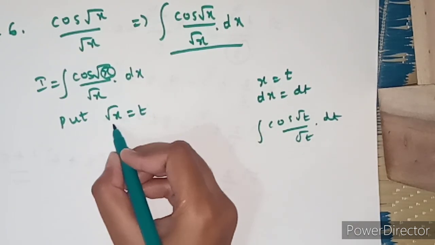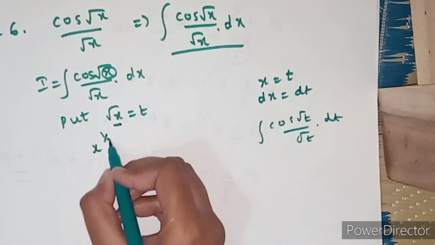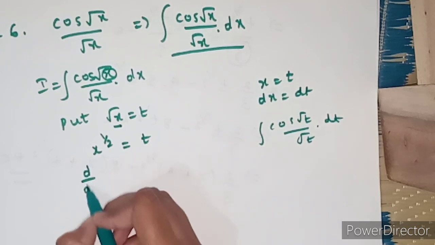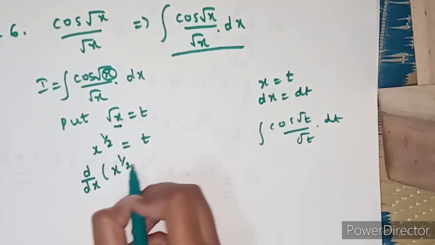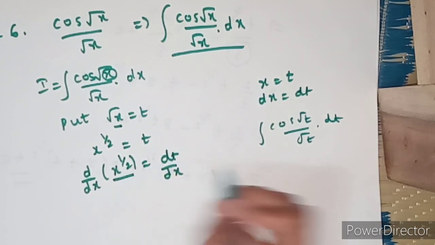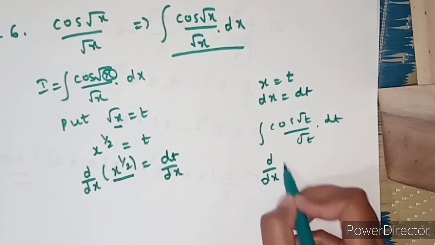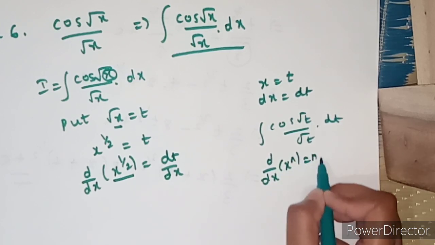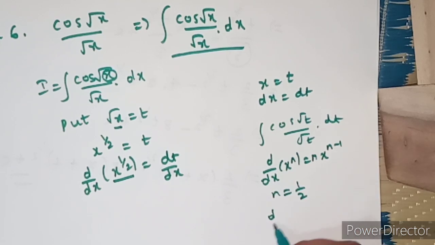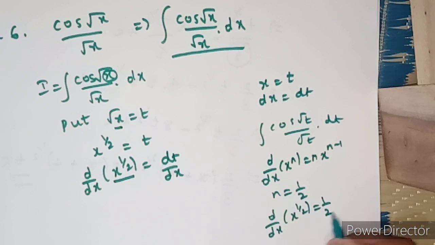Now this root x can also be written as x power 1 by 2 is equal to t. Now take derivative d by dx of x power 1 by 2 is equal to dt upon dx. Again this is of the form d by dx of x power n is equal to n x power n minus 1. Put n is equal to 1 upon 2: 1 upon 2 x raised to 1 upon 2 minus 1.